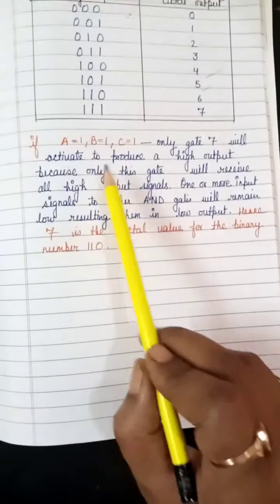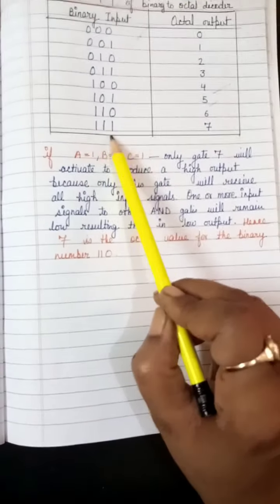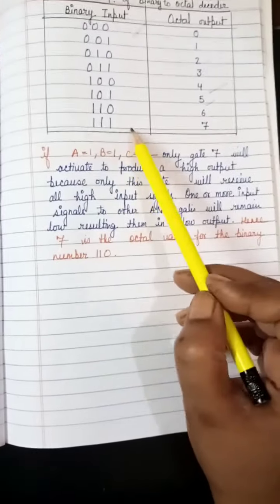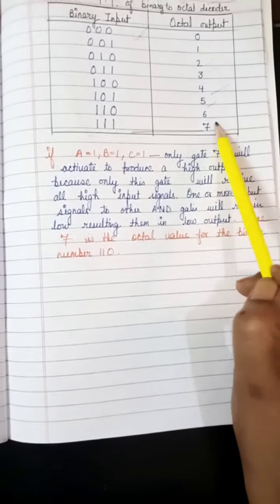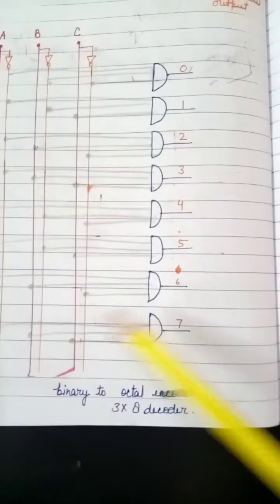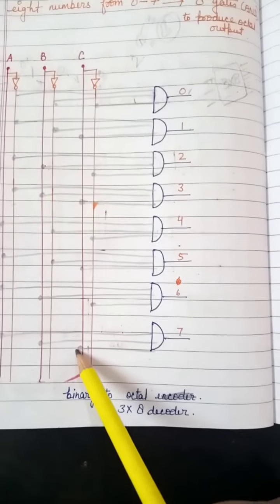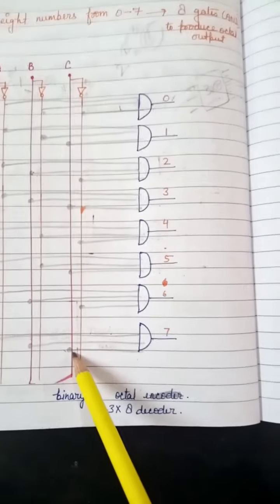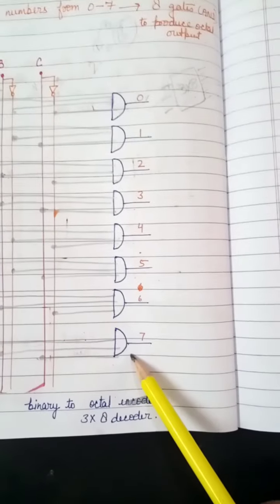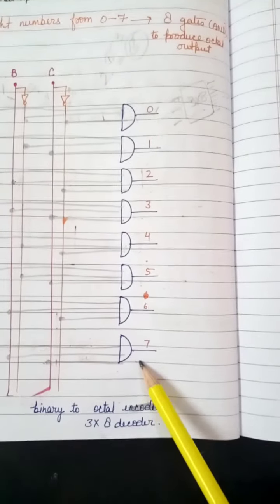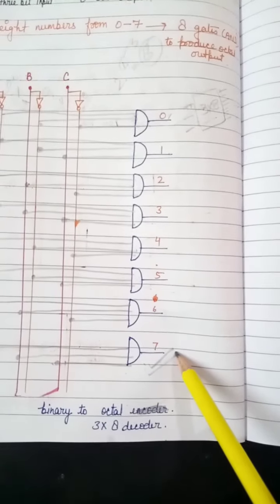If A is 1, B is 1 and C is 1, all are 1, then only gate 7 will activate to produce a high output.